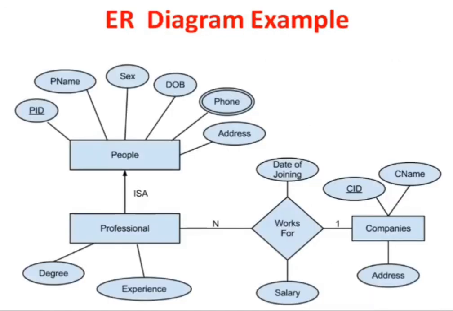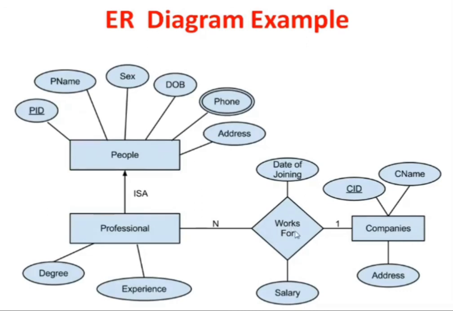Now I'm going to give you one ER diagram example. We have already covered this; we know this is called an entity. These are attributes. Several entities are there, and this is called a relationship.